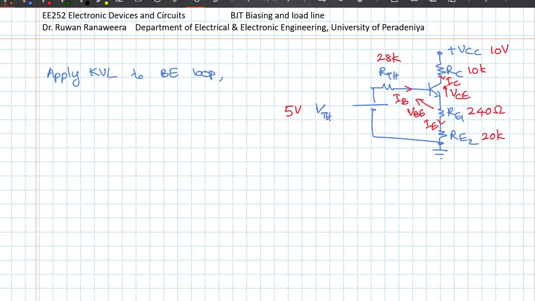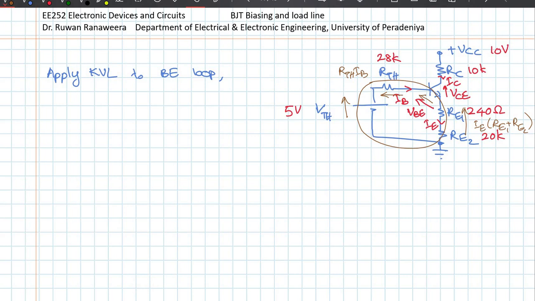So for the base emitter loop, this loop here, what are the voltages I have? I have voltage across these two resistors, this is IE times RE1 plus RE2. This voltage VBE is also there, and this voltage, which is RTH times IB, and this voltage VTH.